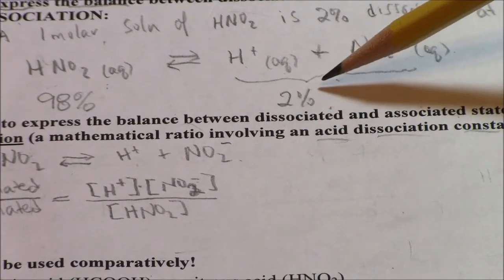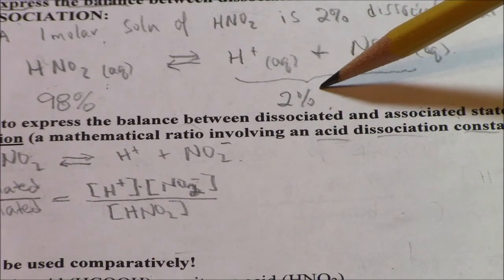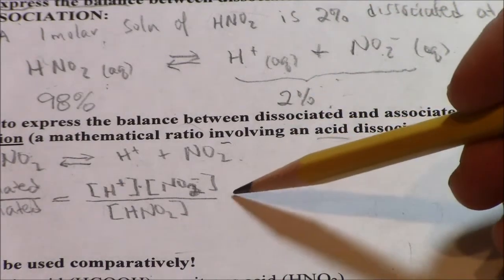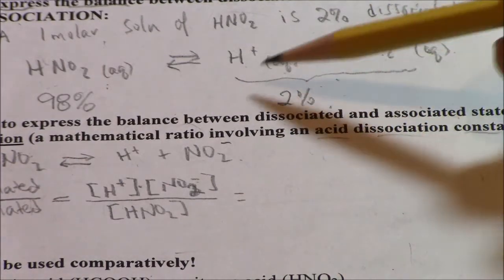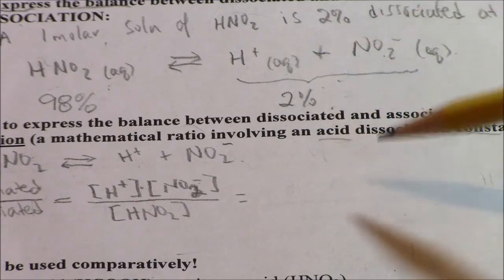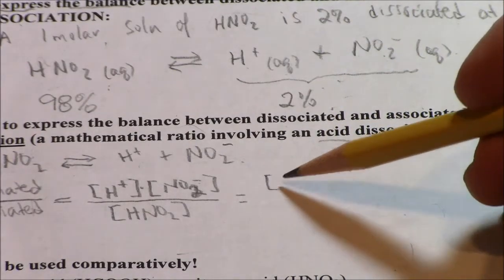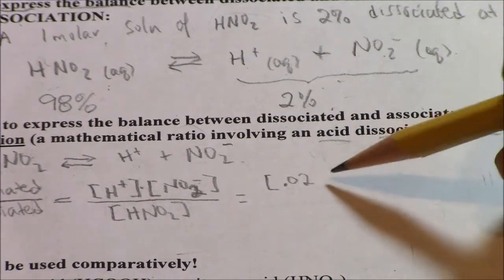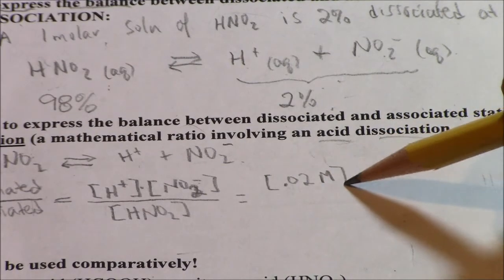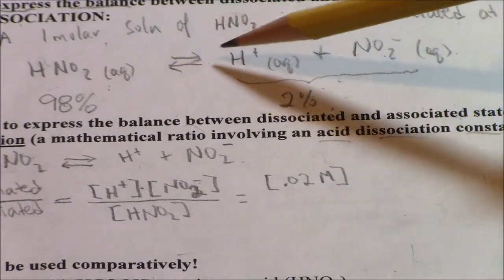So using this 2% dissociation, it's 2% of 1 molar. So we can say at equilibrium, the molarity of the H plus is 0.02 molar. 2% of the 1 molar solution.